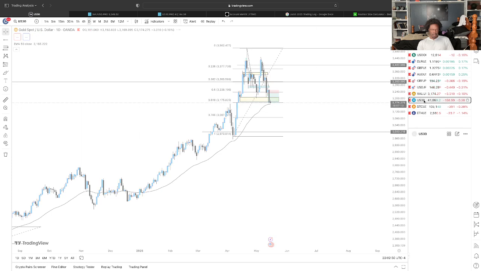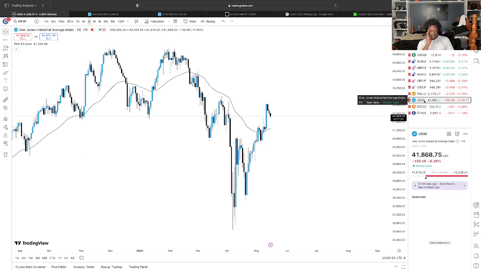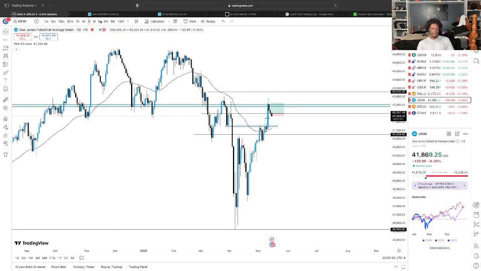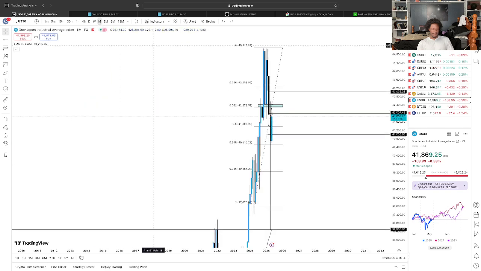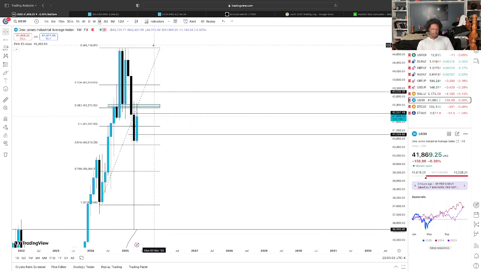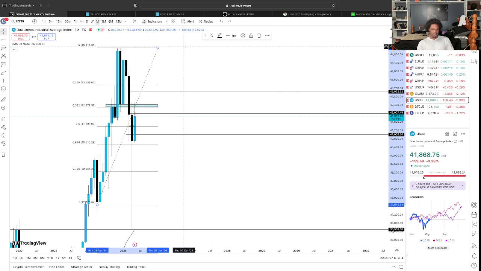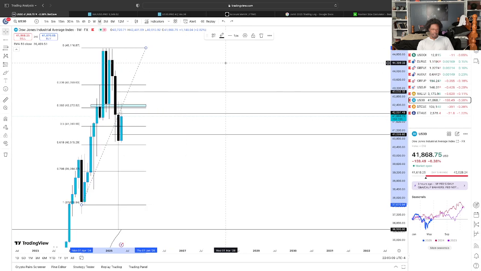And then if you were to go to US30, price action has created a bullish candle with an upper wick.